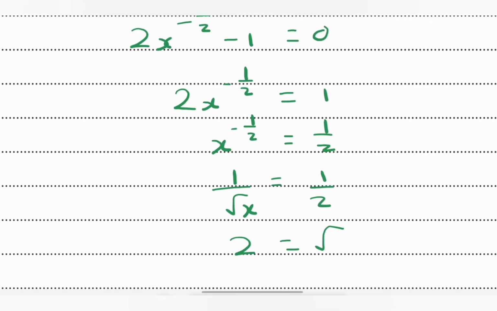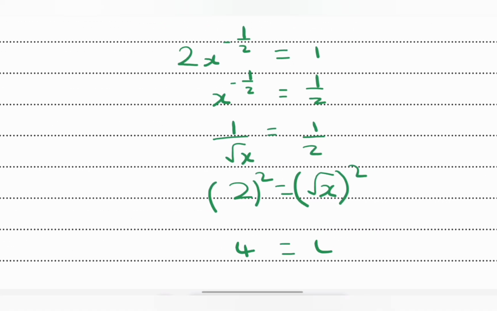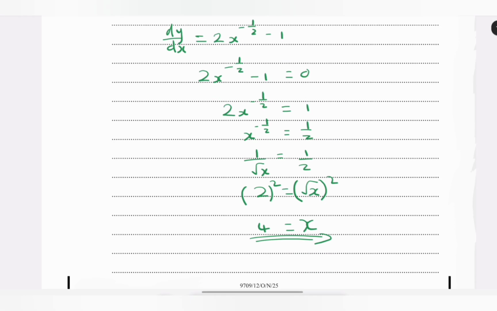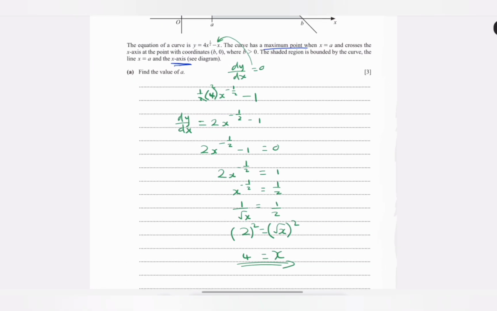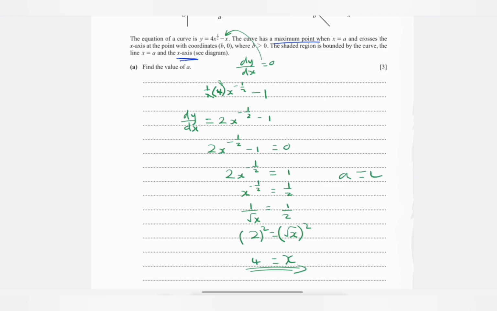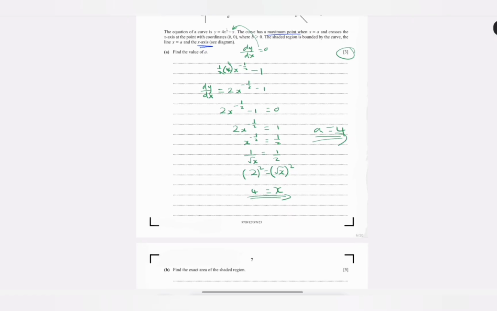So 2 is equal to root x, and to get x we square both sides, and our x is equal to 4. We know that this x is a, which is the coordinate of the maximum point. So we can write a is equal to 4, and we get our 3 marks for 5 part A.